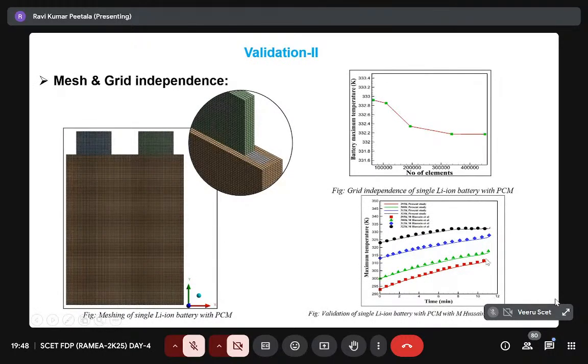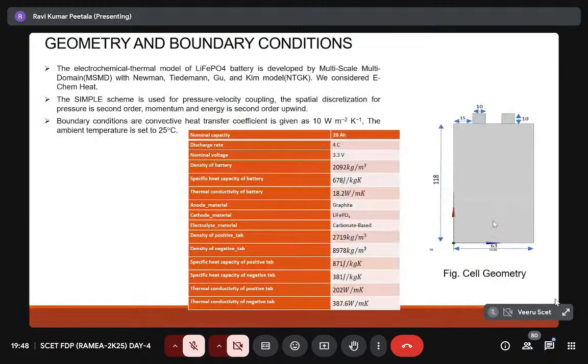The minimum is observed at 10 minutes. The temperature is 300 K for the room temperature of 27 degrees centigrade up to 40 degrees, as shown here. So this is the single cell battery validation I have done.